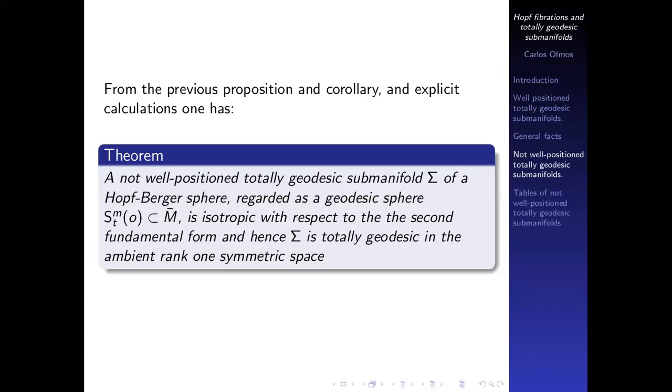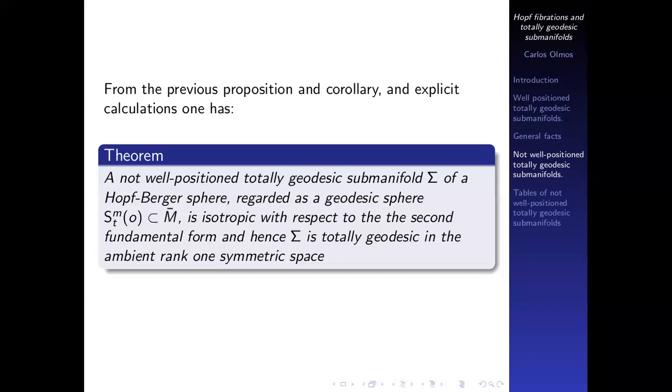That any vector in the tangent space, if alpha is the second fundamental form, alpha(v,v) is 0. So if any vector is isotropic, it means that sigma is also totally geodesic in the ambient space, because the geodesics are the same.